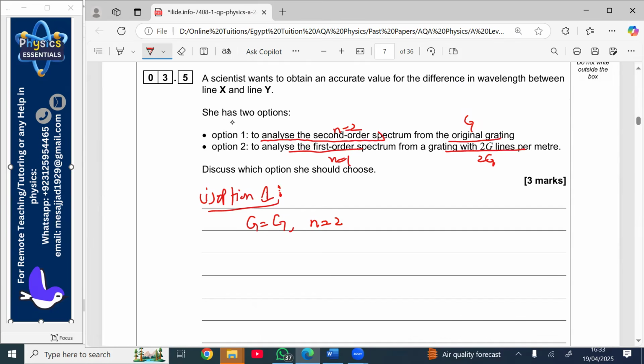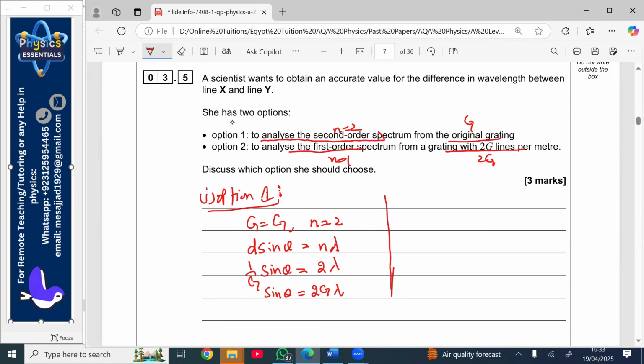So for that, we will just write d sine theta equals n lambda. And from here, d sine theta, with d equal to 1 over g, will be equal to 2 lambda, because n is equal to 2. And sine theta is actually equal to 2g lambda. All right, this is for option 1.